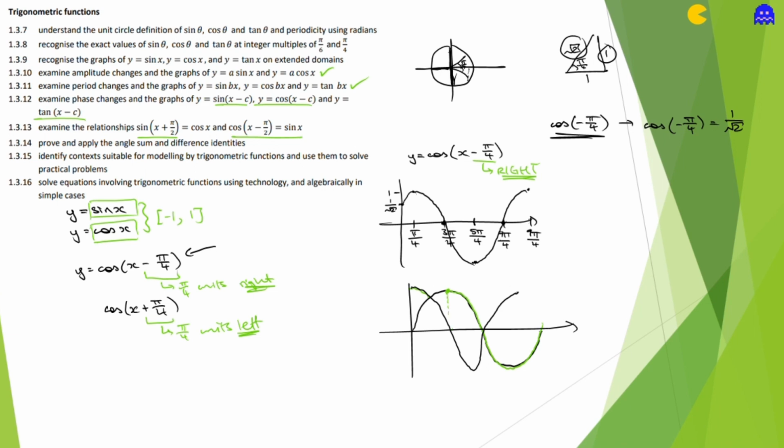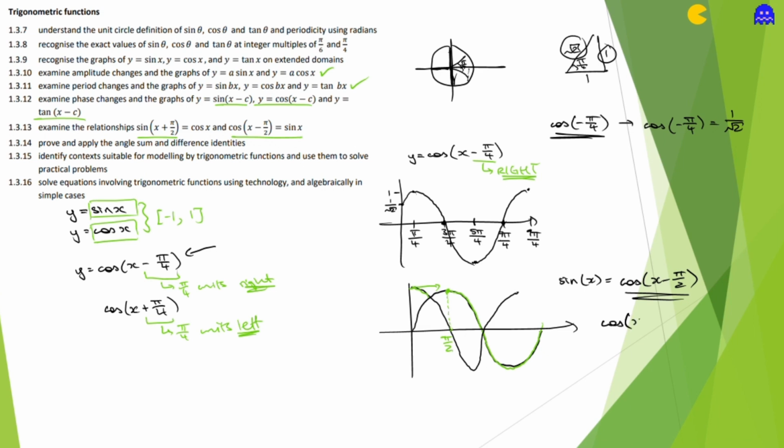But anyway, we can see that our sine graph is essentially pi on 2 units shifted to the right of our cosine graph. And so as a result, if we want to draw our sine graph of x, that will be equal to cosine of x minus pi on 2, a shift pi on 2 units to the right.